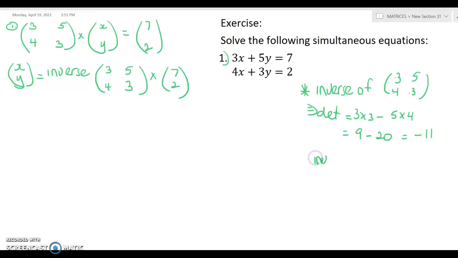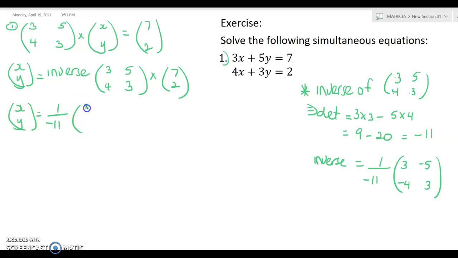So our inverse is 1 over the determinant, 1 over minus 11, and the 3's switch, but they still remain as 3, 3 because they're both the same. The other numbers remain the same, but we change the sign, just like what we did from before. So now I have 1 over minus 11 times that inverse there.